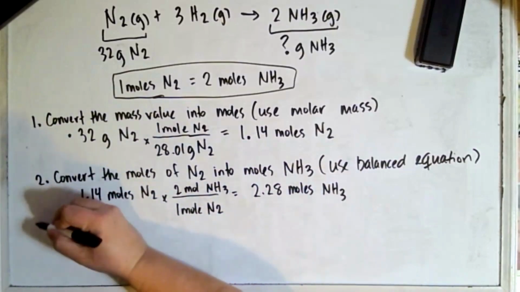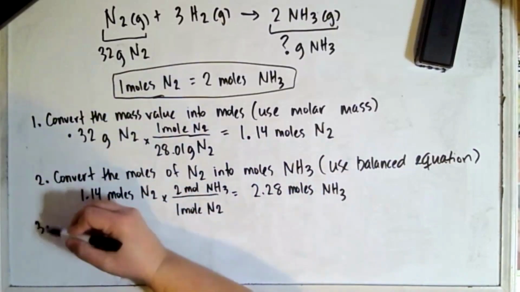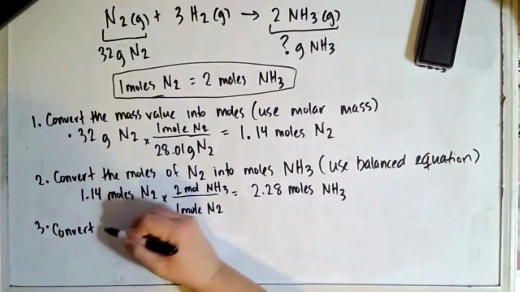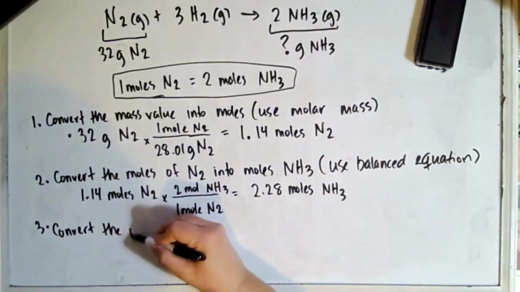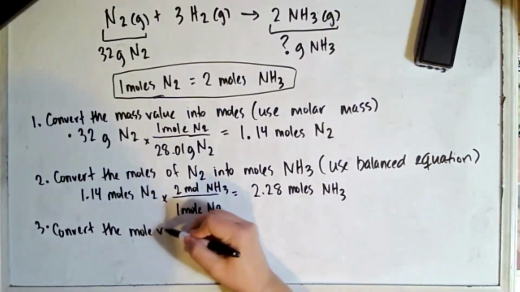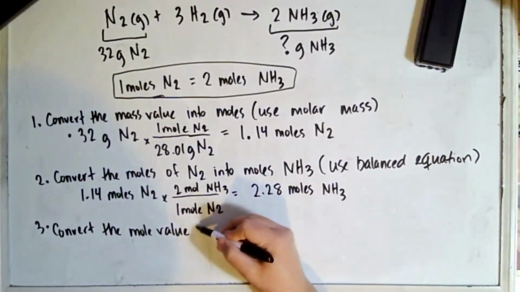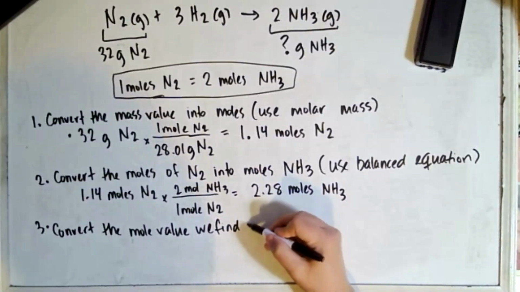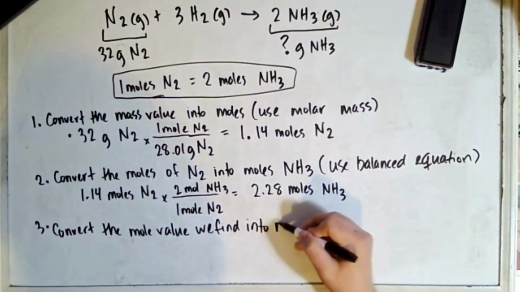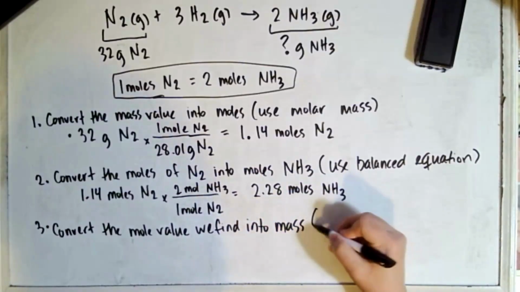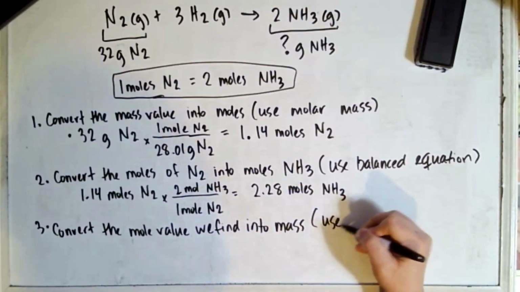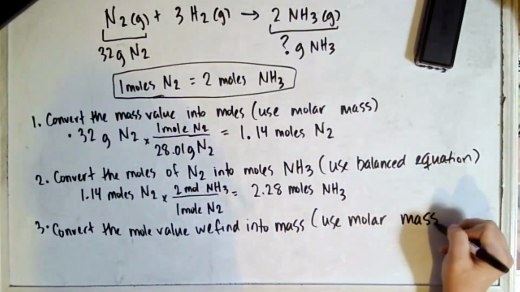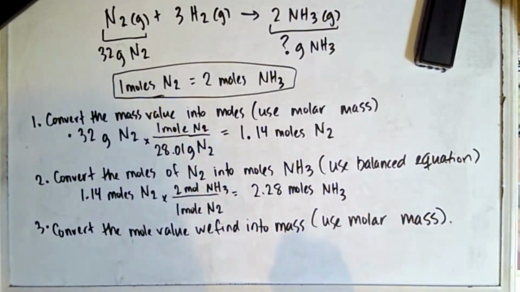And then our last step, our third step, is going to be to convert the mole value that we find into mass. And for that, we're going to use molar mass again. Okay.